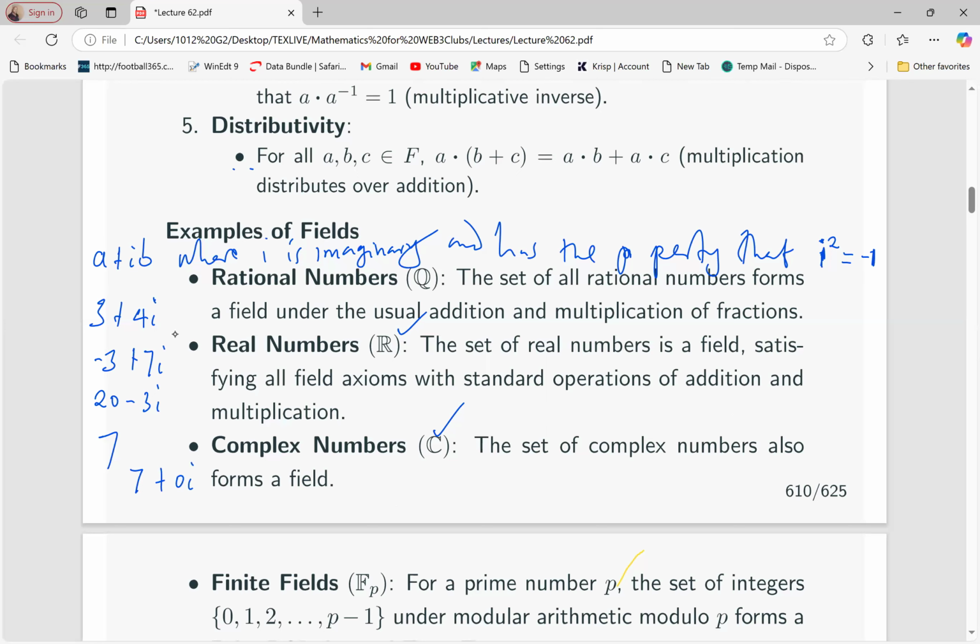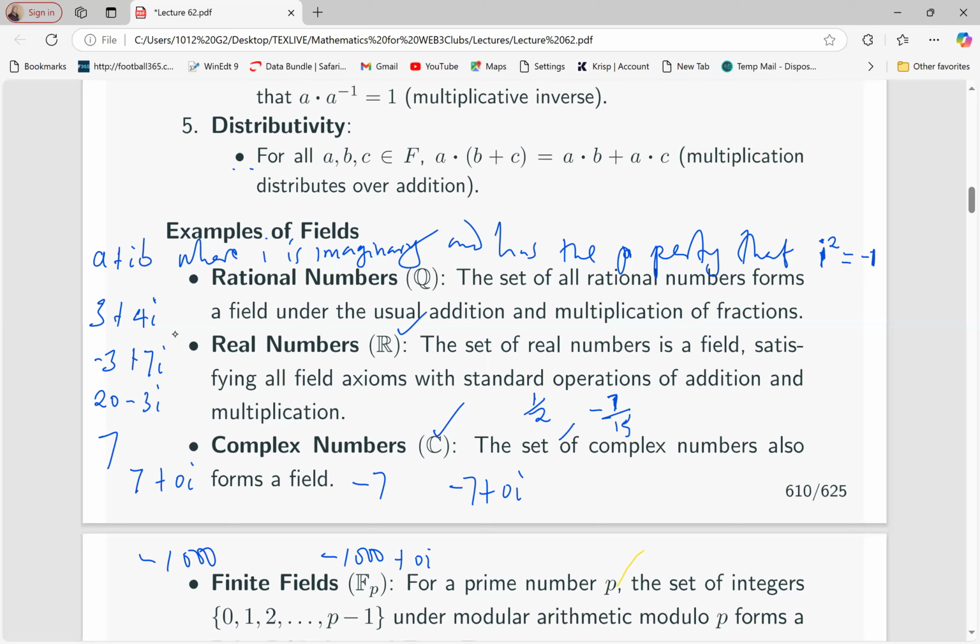So 7 becomes a complex number. Even -7 is a complex number because it can be written as -7 plus 0i. Even -1,000 is a complex number. It can be written as -1,000 plus 0i. Even a half is a complex number. Even -7 out of 15.